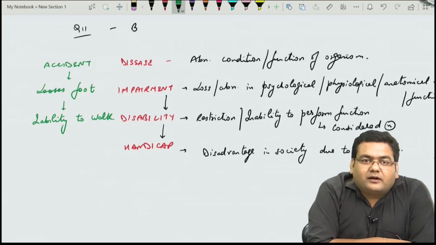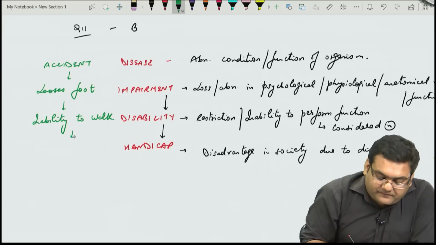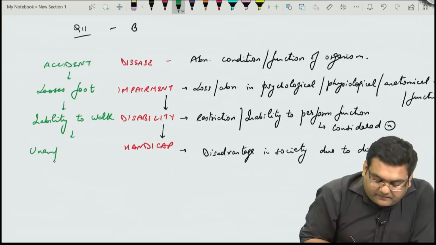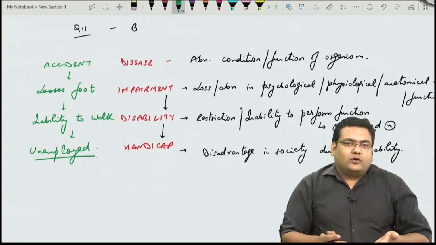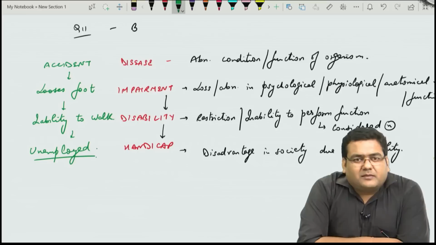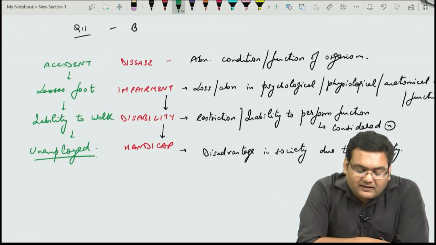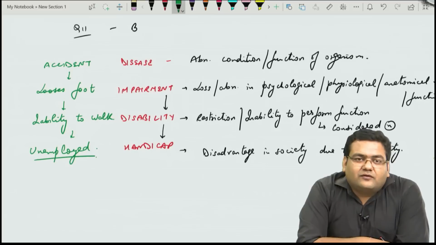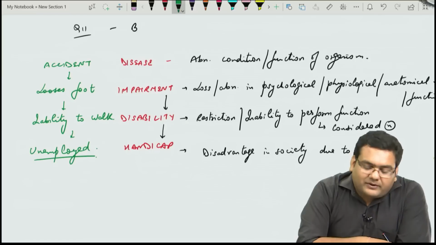Because of it, he is not able to walk, and because he is not able to walk, he becomes unemployed. I hope the question is pretty clear now. It can be asked in some other ways also with some different examples, but if we know what these four definitions of disease, impairment, disability, handicap mean, we can answer these questions with ease. No need to mug up.